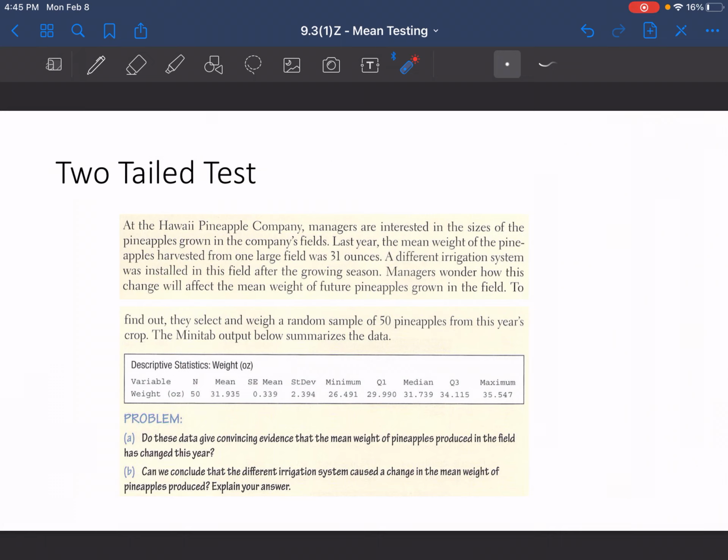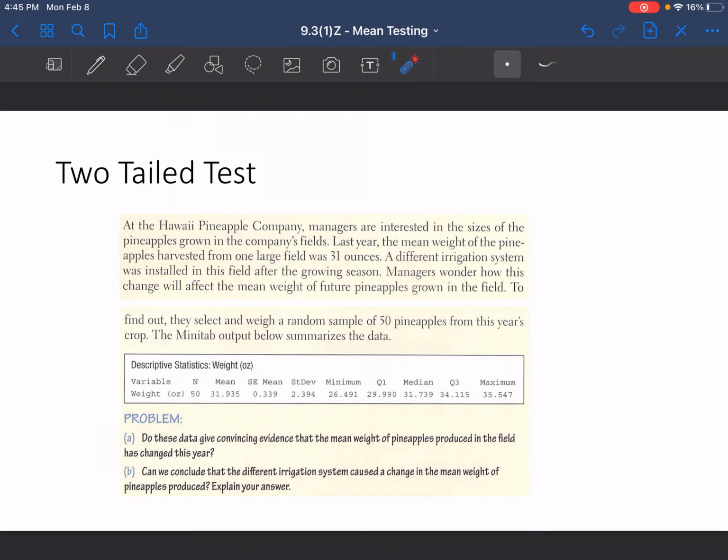Now let's look a little closer at a two-tailed test in this case. So at the Hawaii Pineapple Company, managers are interested in the sizes of pineapples grown in the company's field. Last year, the mean weight of the pineapples harvested from one large field was 31 ounces. A different irrigation system was installed in this field after the growing season. Managers wonder how this change will affect the mean weight of future pineapples grown in the field.